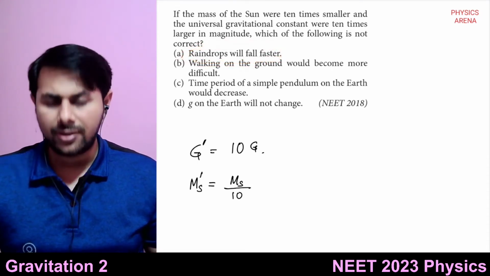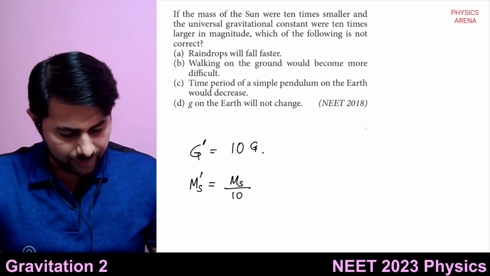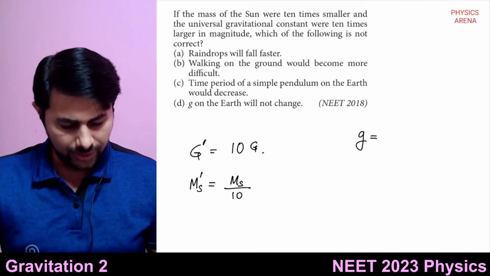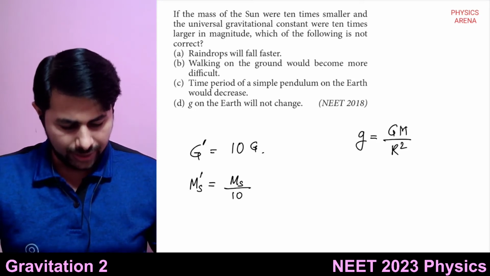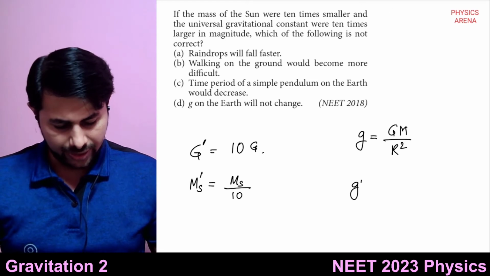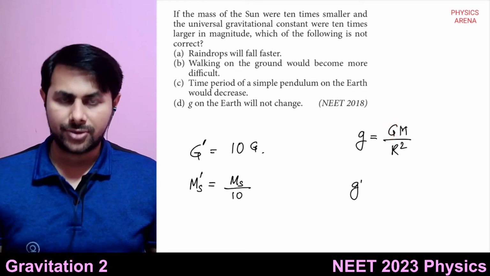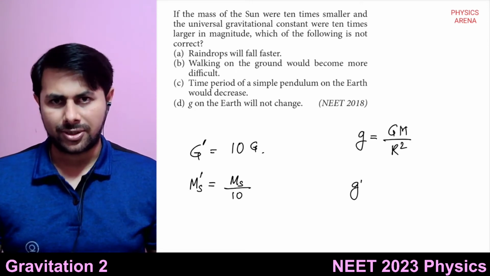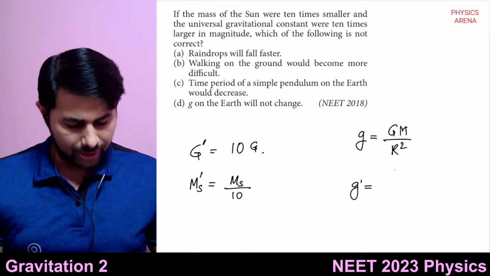Will this happen? Yes, it will happen, because what is acceleration due to gravity? It is GM upon r square. Now if capital G changes, what will happen? Small g will also change. Mass of Earth is not changing, radius of Earth is not changing, they are given to be constants.